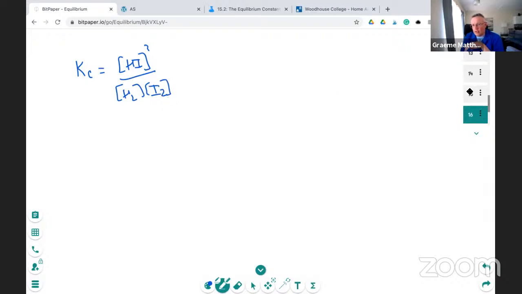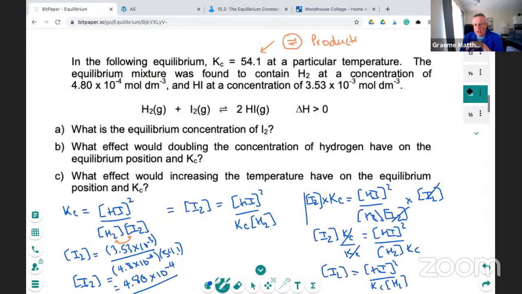The reason I put this one in is because they are trying to trick you on this one. They said if you double the concentration of hydrogen, what effect would it have on the equilibrium position and Kc?